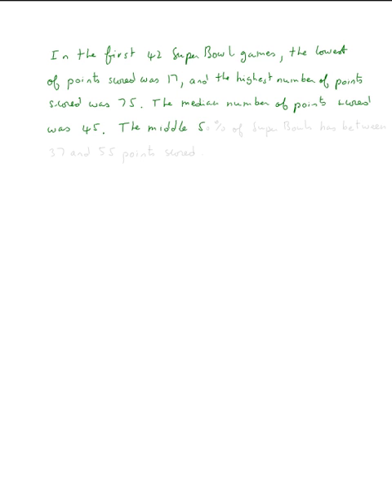Always do it that way. The middle 50% of Super Bowls has between 37 and 55 points scored. And that's it for this example.